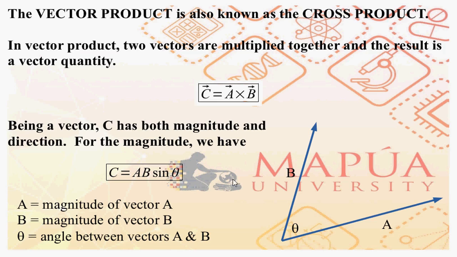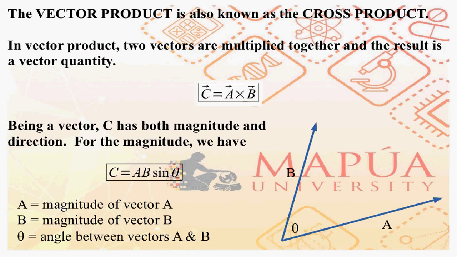For the purposes of our vector multiplication, the angle theta will not exceed 180 degrees, so sine theta will always give you a positive answer. So positive magnitude of A, positive magnitude of B, positive sine theta, magnitude C will always be positive. Again, it should be positive because it is the magnitude of vector C, of the vector product, so it should always be positive.